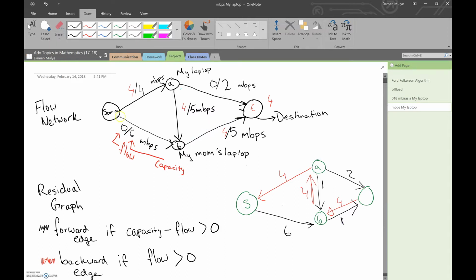I believe there's one path that goes from the source to B to the destination, and I can send a maximum of 1 megabyte per second through that path. So I add 1, and let me just update the residual graph for a second.